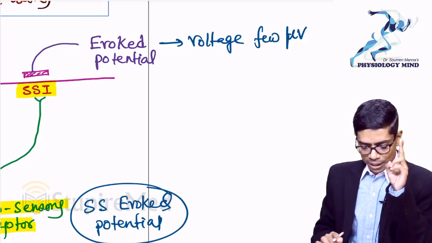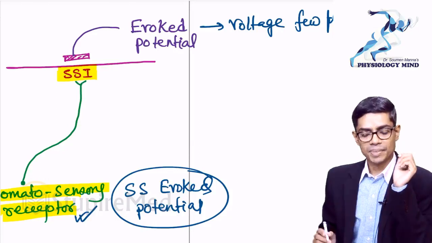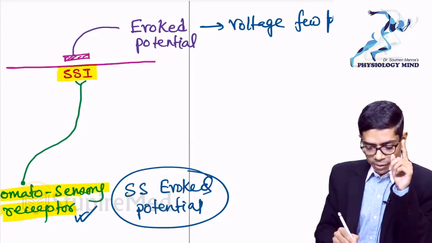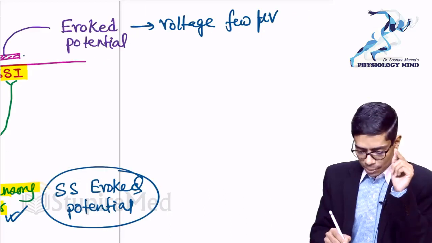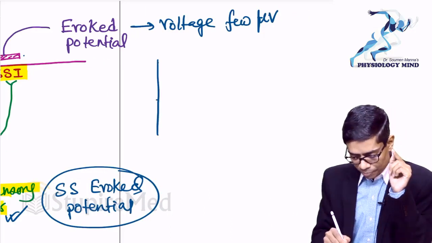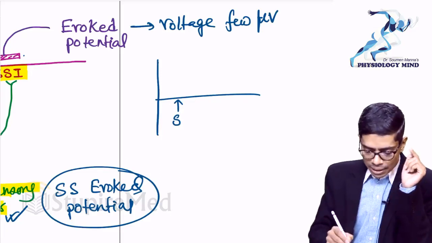Now whenever you give a stimulus at the level of a peripheral sensory receptor, you will get a voltage recording at an interval of 5 to 12 milliseconds. So suppose I am recording this voltage change. I have given the stimulation here, so this is the stimulus point.